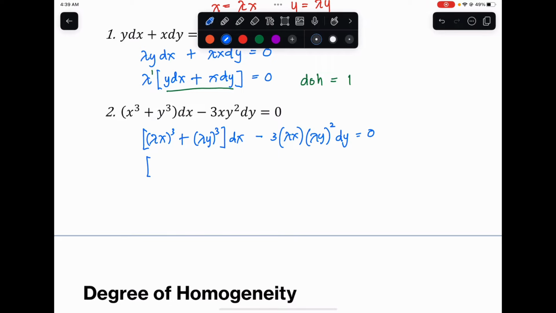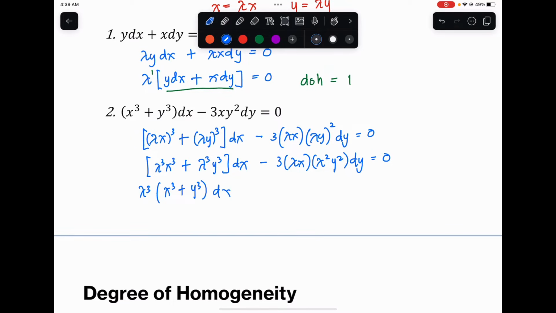So this would give us lambda cubed x cubed plus lambda cubed y cubed dx minus 3 lambda x lambda squared y squared dy is equal to 0. So we can factor out lambda cubed here, resulting to x cubed plus y cubed dx.